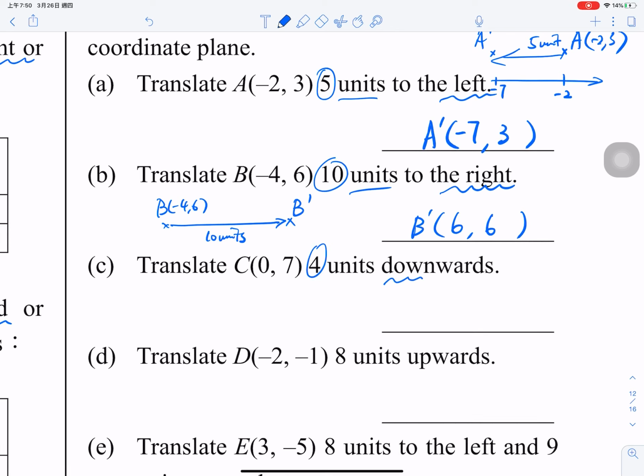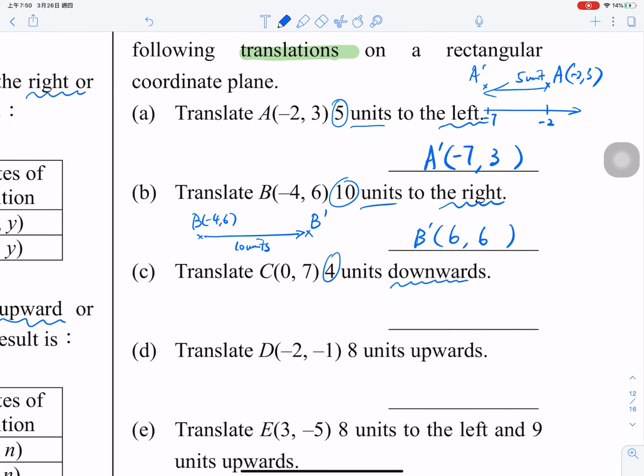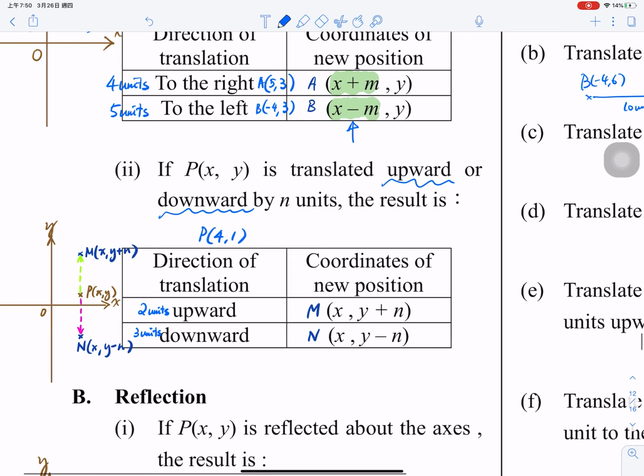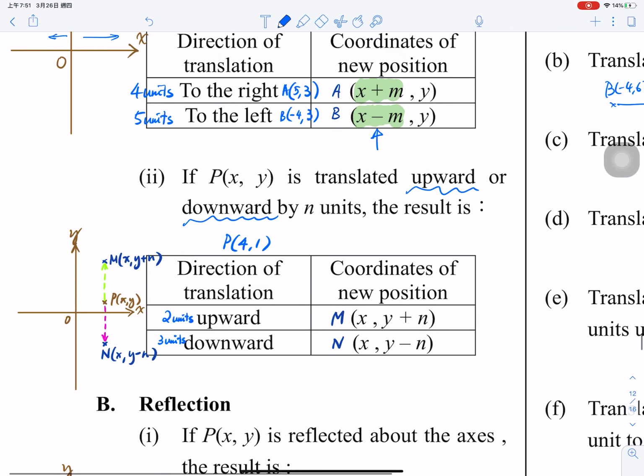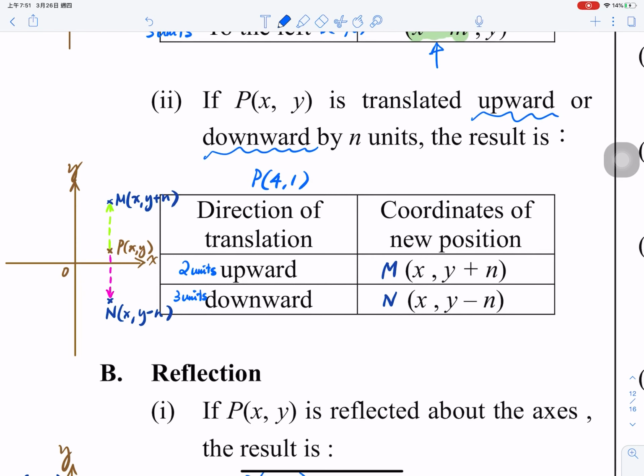4 units downward. Okay, downward and upward, we haven't talked about this. So let's see. How about upward or downward? Here, if P is translated upward or downward by n units, then what happened? You see here is a P, then upward n units.